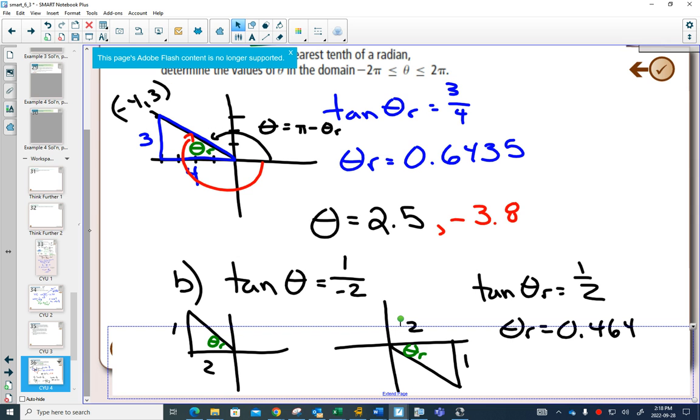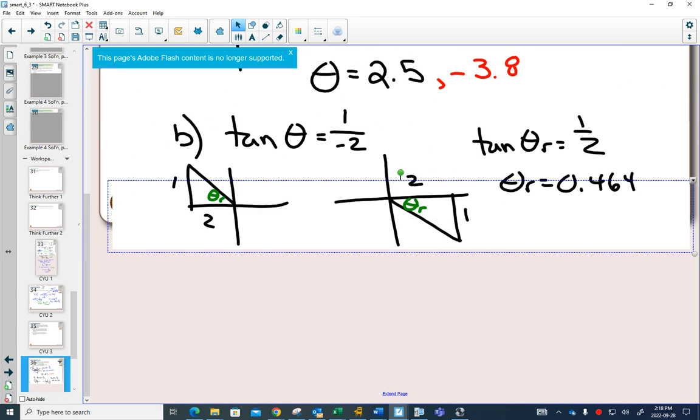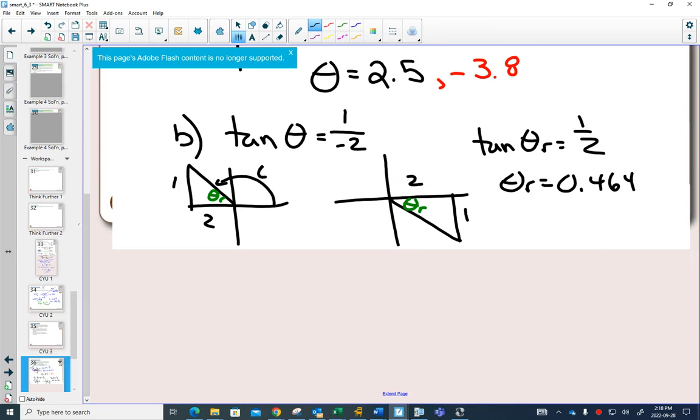How many answers are we going to get? We need to solve it between 0 and 2 pi. Can you see my positive ones? I would get this angle as 1 theta, this angle as another theta. In the negative direction, I would get this one and this one. The one in quadrant 2. Does it make sense that halfway around is pi minus your reference angle?